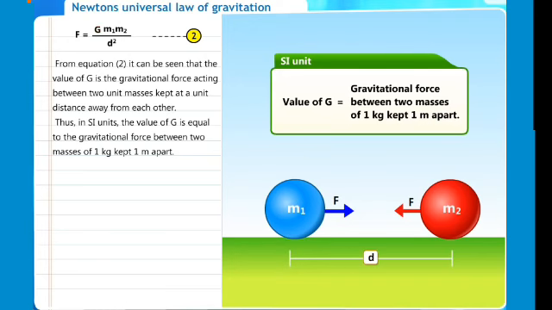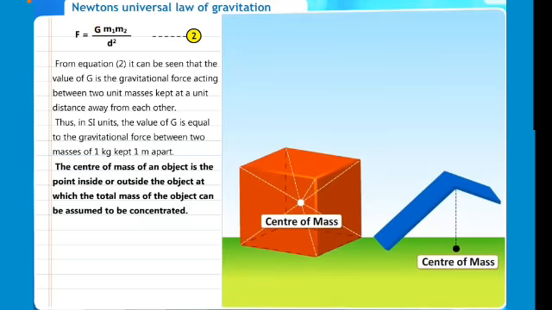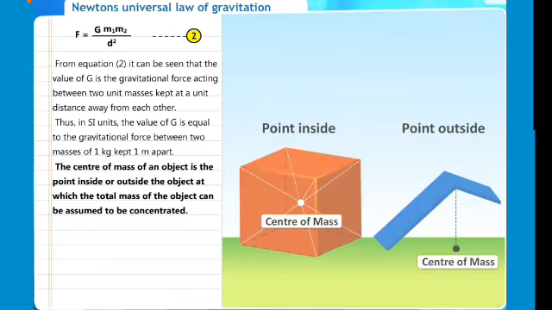Thus, in SI unit, the value of G is equal to the gravitational force between two masses of 1 kilogram kept 1 meter apart. The center of mass of an object is a point inside or outside the object at which the total mass of the object can be assumed to be concentrated.